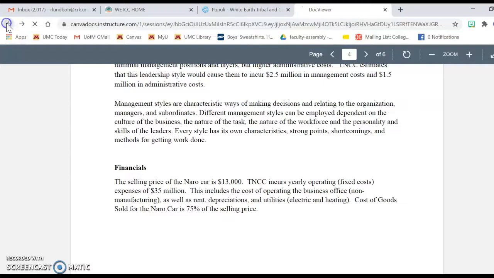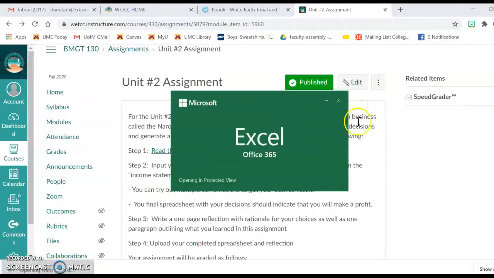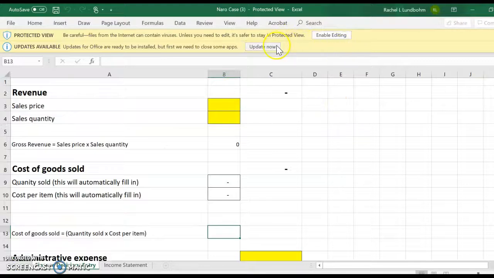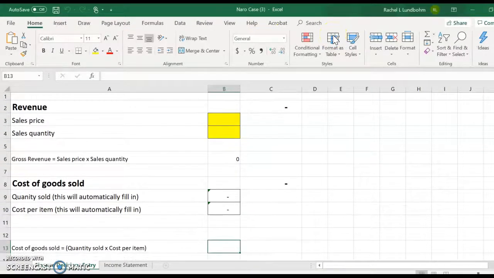So let's go back and look at part 2. Part 2 asks you to input your answers into the yellow boxes in this Excel file. So go ahead and download the Excel file. All right. Based on which choices you make will indicate what you put in here.